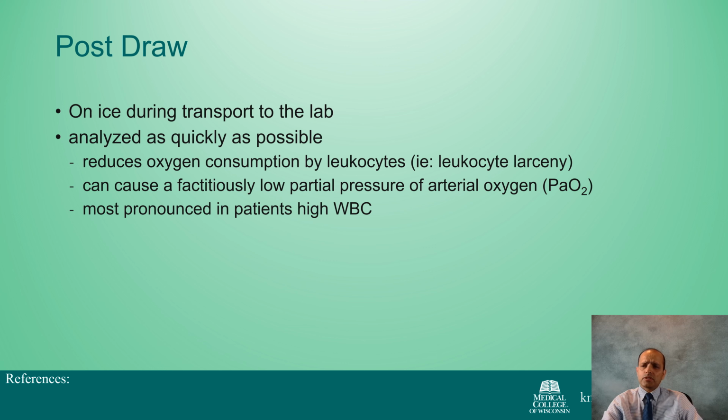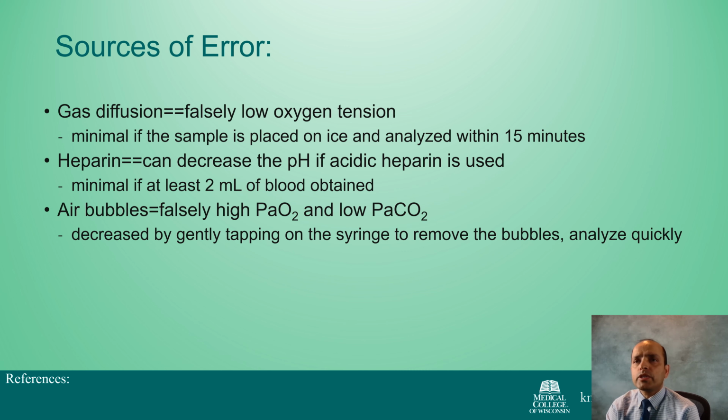This effect is most pronounced in people who have a high WBC count, somebody with leukemia. Sources of error: it is minimal if the sample is placed on ice while you transport it, and if that sample is analyzed within 15 minutes.